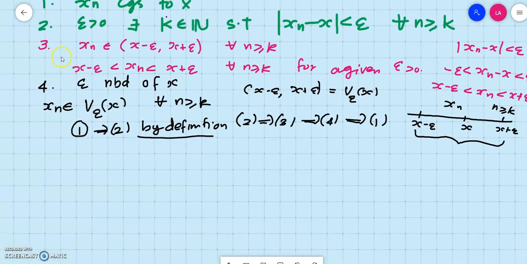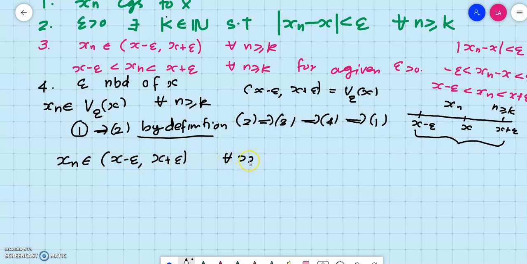A sequence xn converges to x means that every term of the sequence is in between x minus epsilon comma x plus epsilon, or some epsilon neighborhood of that point. So another intuition from this point is, here we have established that xn belongs to this interval x minus epsilon comma x plus epsilon for all n greater than or equal to k. That means xk, xk plus 1, xk plus 2 and so on, all the terms belong to the neighborhood v epsilon of x.